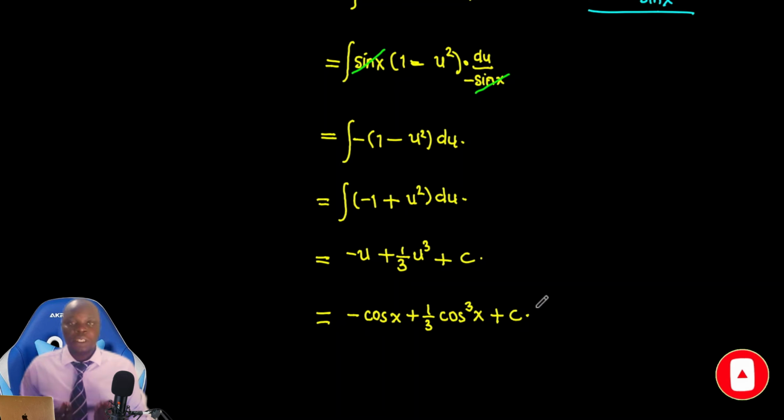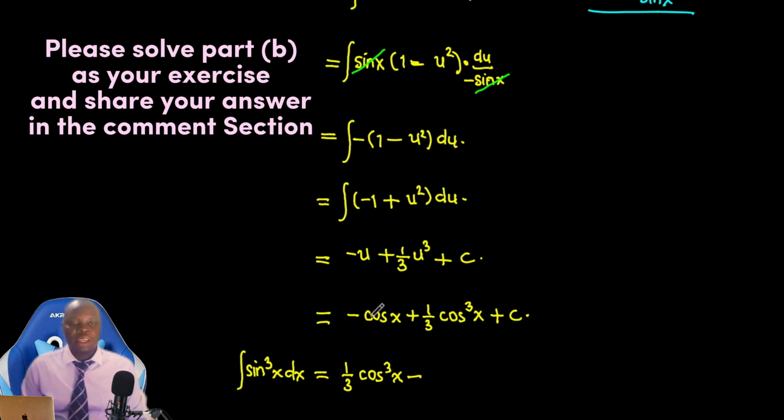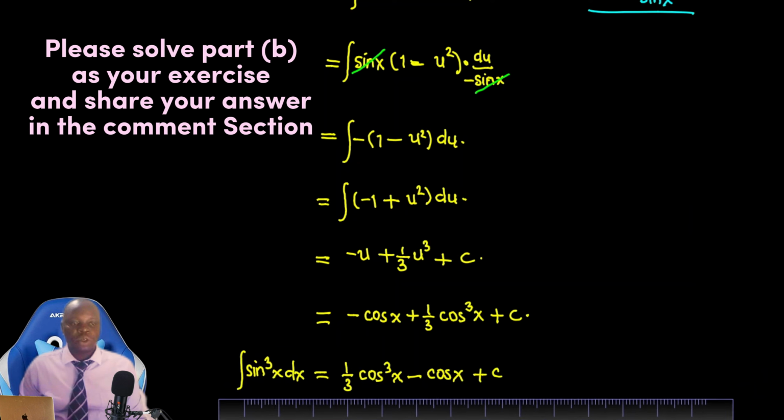But for mathematical beauty, it is also good for us to start with the positive. So therefore, the integral of sine to the power of 3 of x with respect to x is equivalent to, starting with what we have here, 1 over 3 cosine to the power of 3 of x, minus cos of x plus our constant of integration, and that is the solution for the first part of this question here.